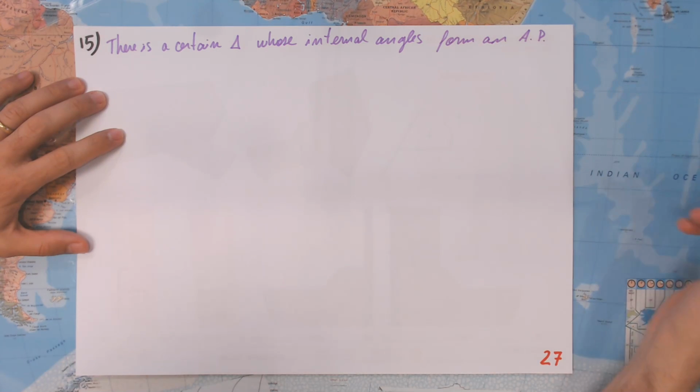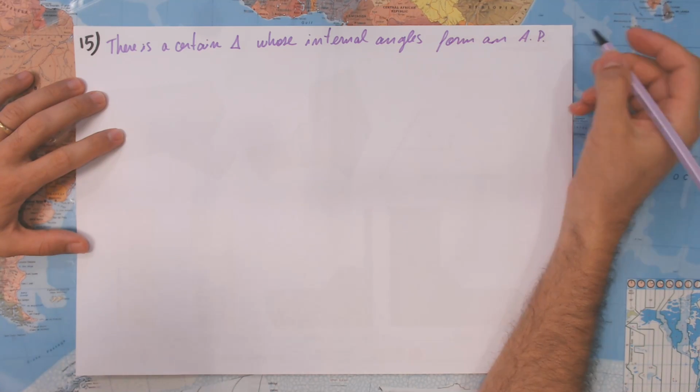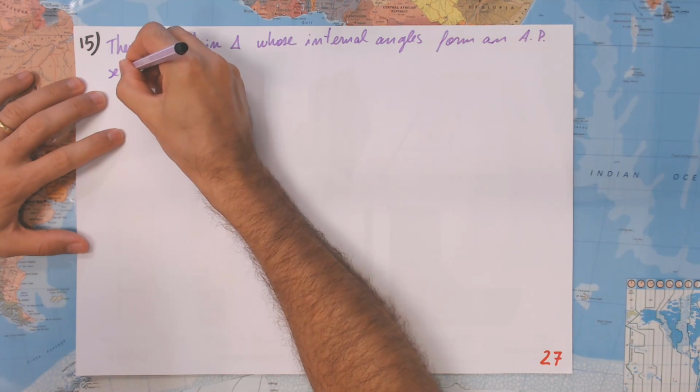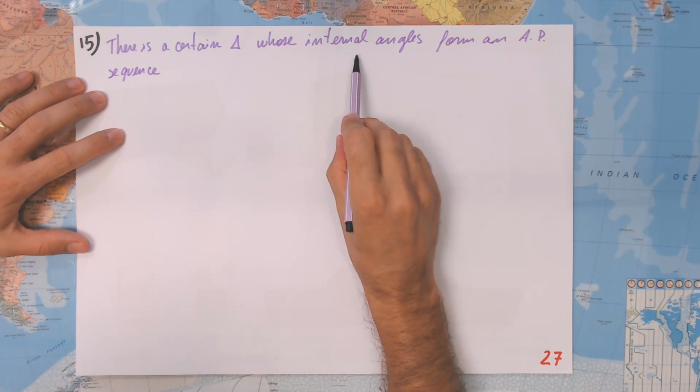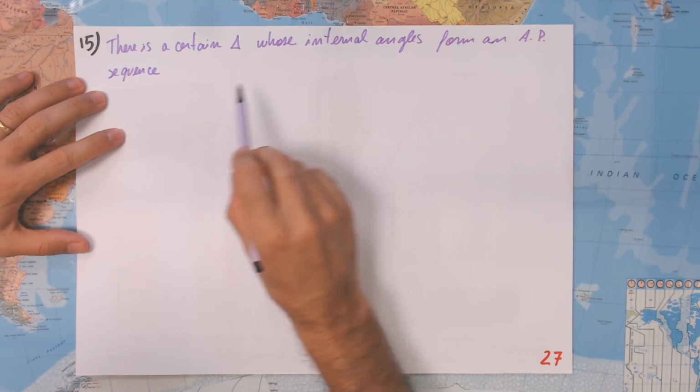AP comes from arithmetic progression sequence. So there is a certain triangle whose internal angles form an AP sequence.